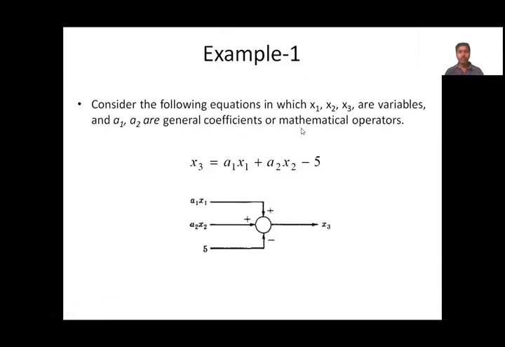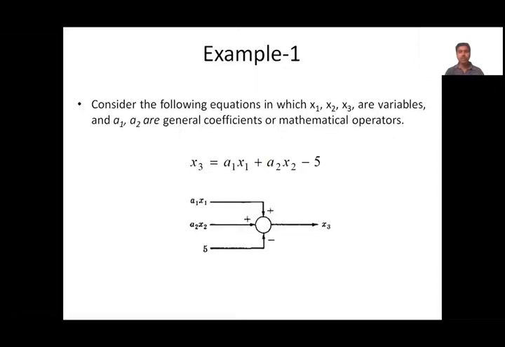So see, this is the model where the summing point has three input signals. First one is a1x1 and it has a plus sign. Second is a2x2 having a plus sign. Third signal is 5 having a minus sign. Therefore x3 is equal to a1x1 plus a2x2 minus 5.